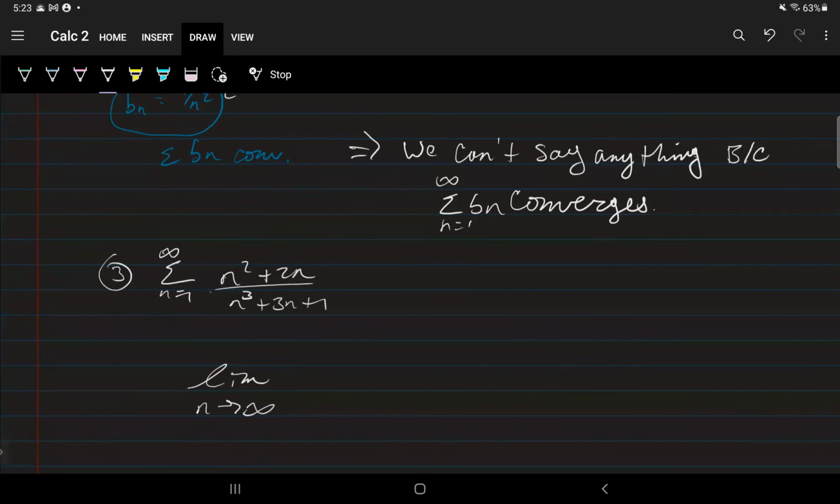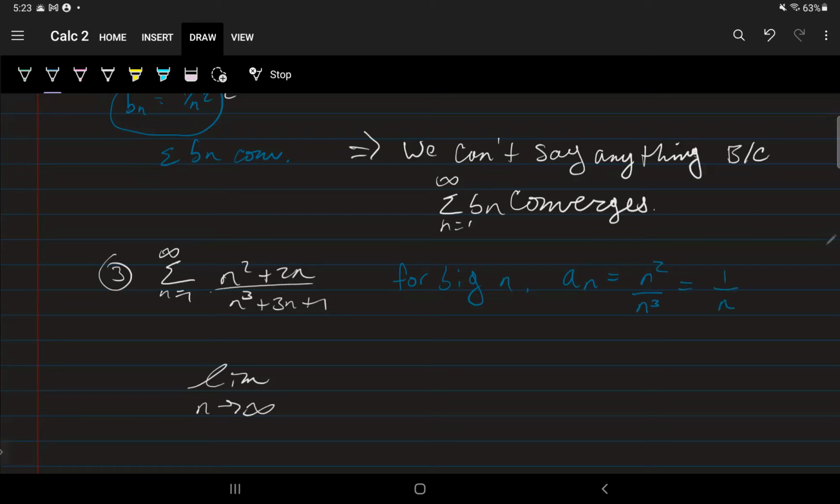So let's see what our intuition tells us. As n gets really, really big, we don't really care about the 2n anymore. We don't really care about the 3n plus 1. So for big n, the an is of the form n squared over n cubed, which after simplifying is 1 over n.